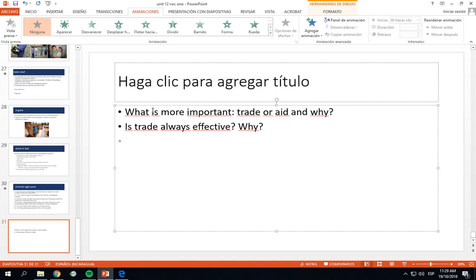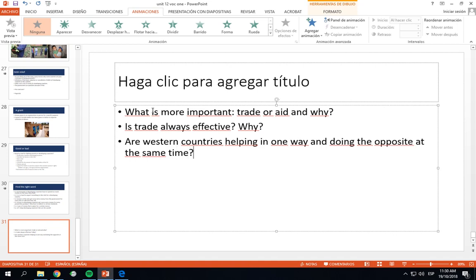Let's see what other points we can think about here. Are Western countries helping in one way and doing the opposite at the same time? What is needed to improve the situation of developing countries?